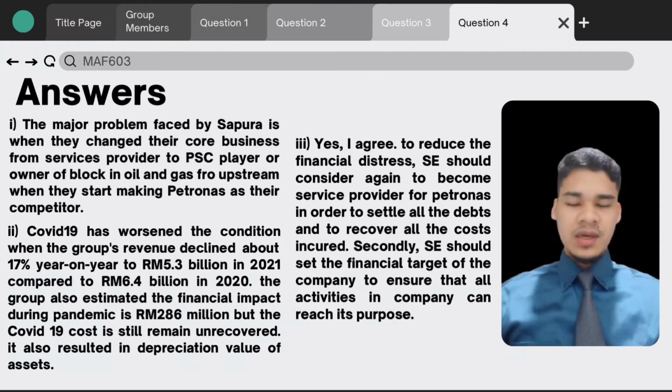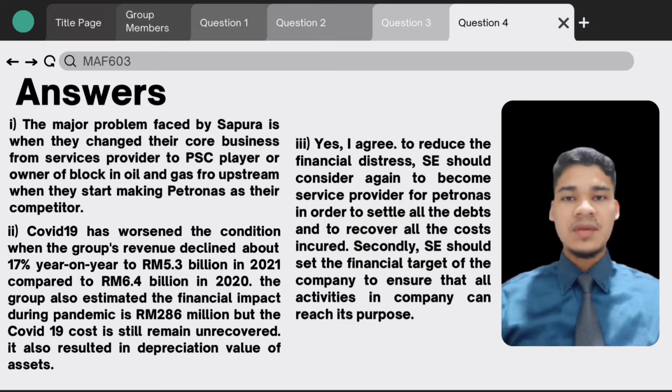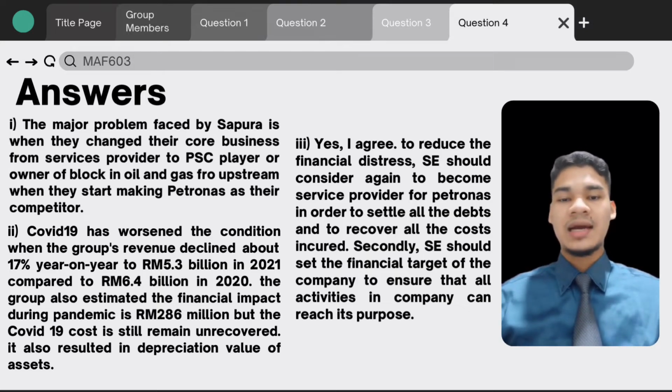The first Roman, the major problem faced by Sapura Energy is when they changed their core business from service provider to PSC player or owner of oil and gas for upstream, when they started making Petronas their competitor.